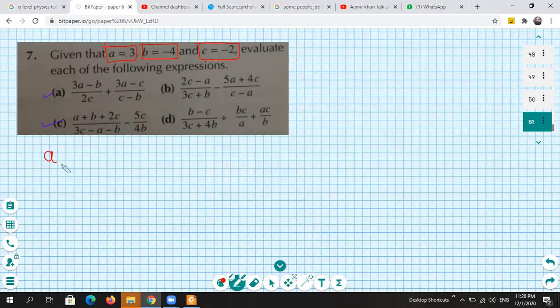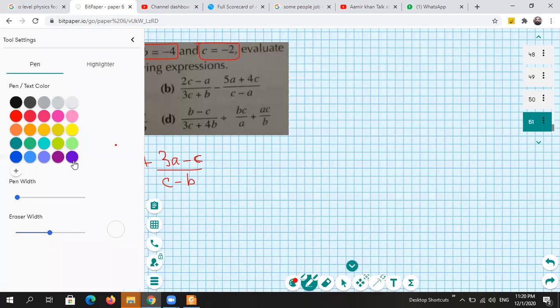So I'm doing part A first. Part A is (3a minus b) over 2c plus (3a minus c) over (c minus b). So I'm inserting the values.